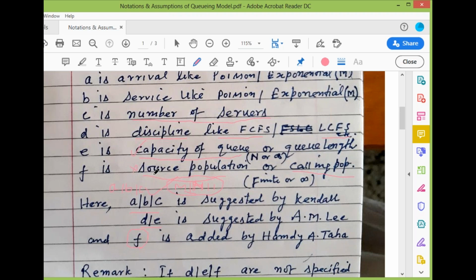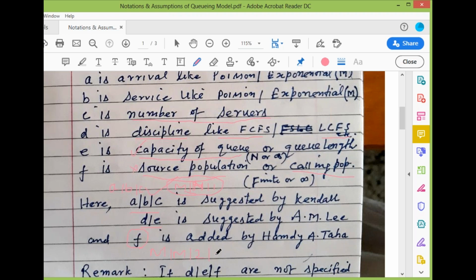So, for example, if the arrival is Poisson, then M. If service is Poisson, then another M. And if the number of servers is 2, then 2.